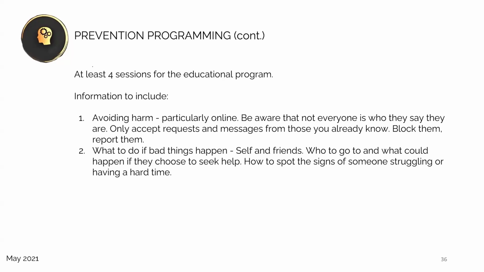So not only being an advocate for themselves, but being an advocate for their peers as well. And how can they spot the signs of someone struggling or having a hard time?